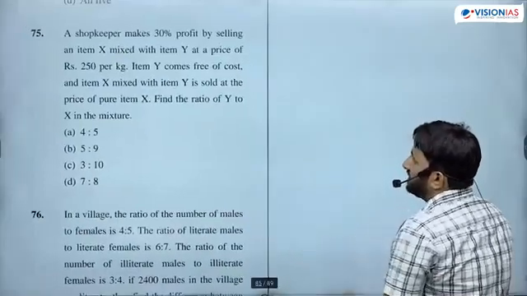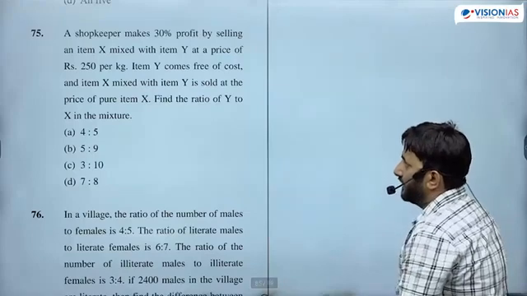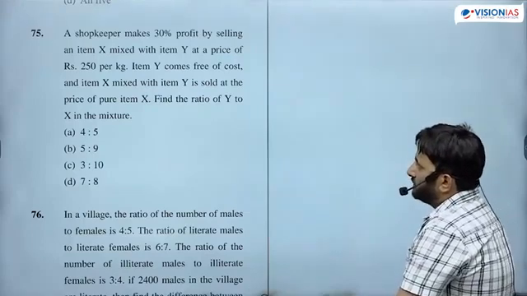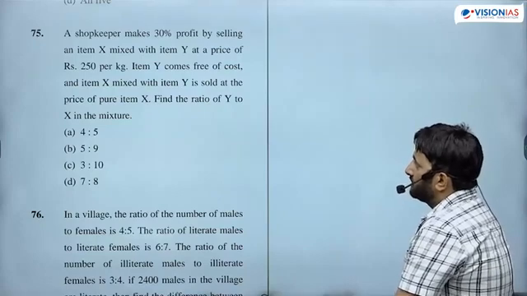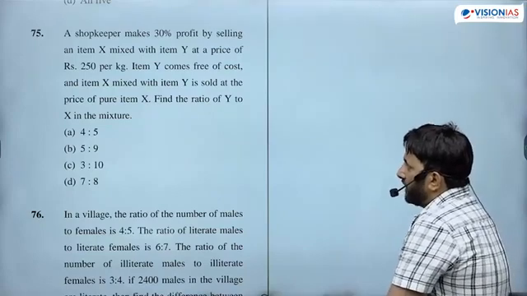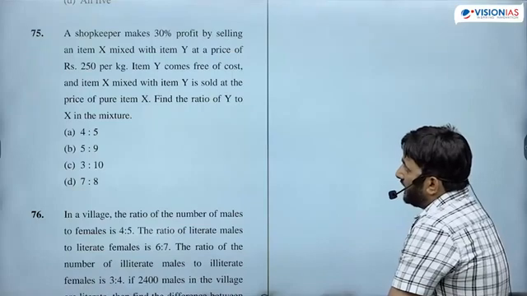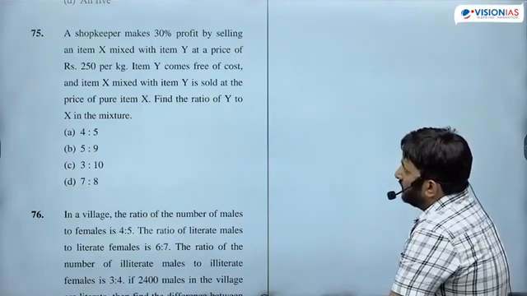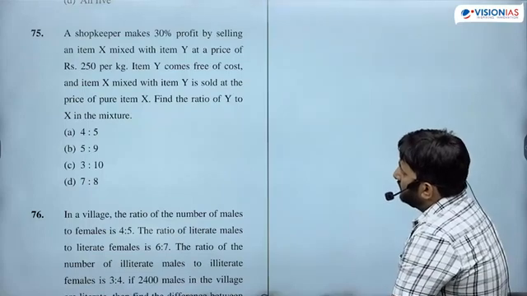A shopkeeper makes 30% profit by selling an item X mixed with item Y at a price of 250 rupees per kg. If Y comes free and X is mixed with it, Y is sold at the price of pure item X. Y comes free.